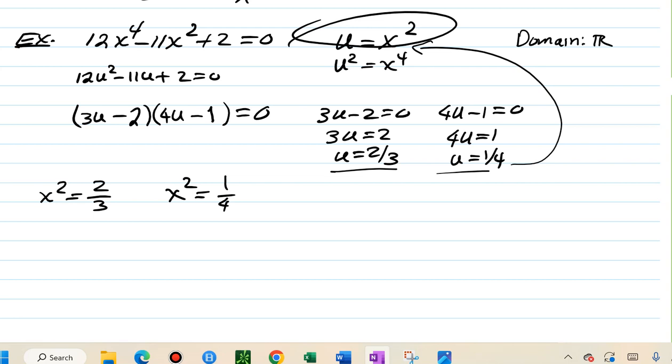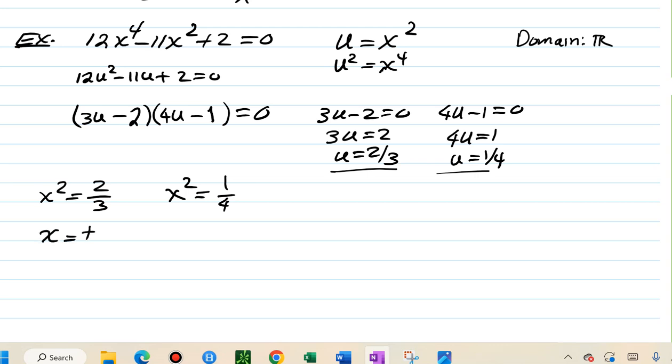I'm plugging into what we let u be actually. Now to solve this, I can go to square root property. Remember, we need to do plus minus 2/3. And on this one, x is plus minus square root of 1/4.